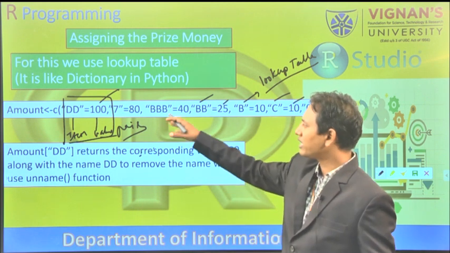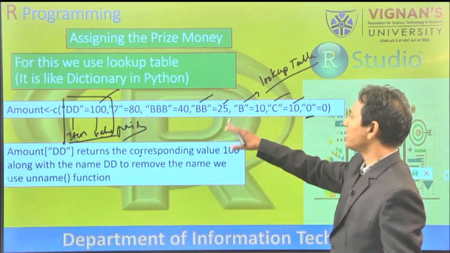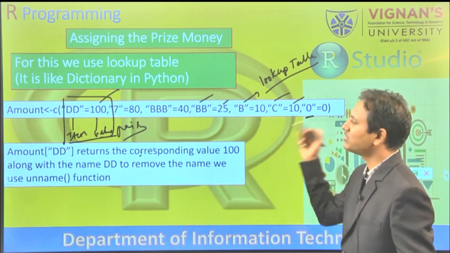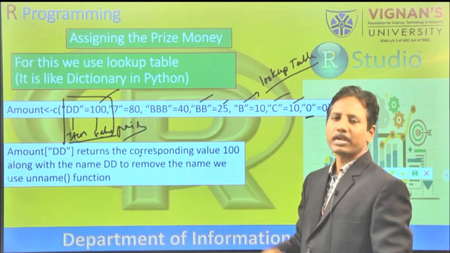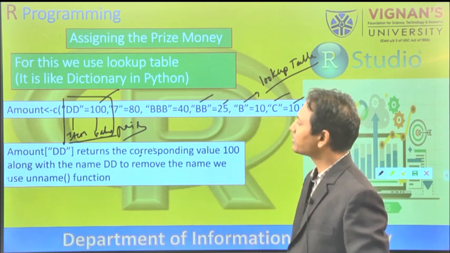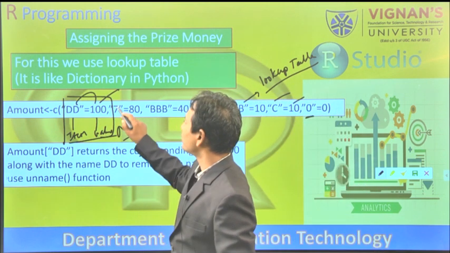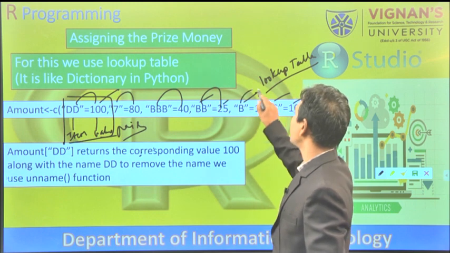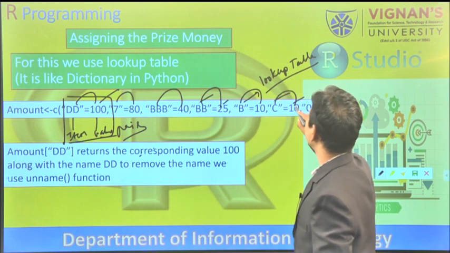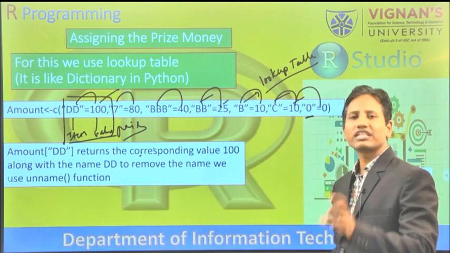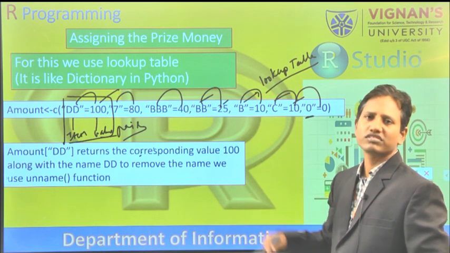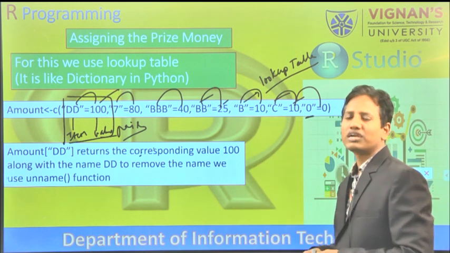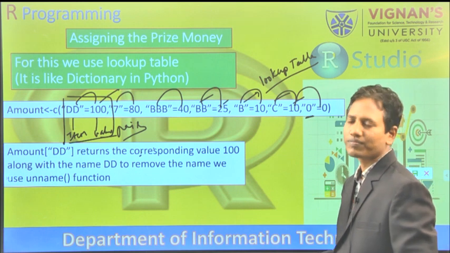The items are DD, 7, BBB, BB, B, C and 0, and corresponding values we have kept. For DD it's 100, for 7 it's 80, for triple B 40, then 25, 10, 10 and 0. These pairs are available, almost similar to the dictionaries in Python.